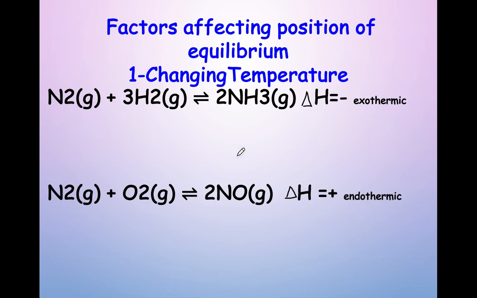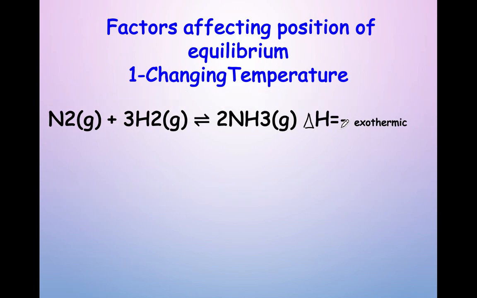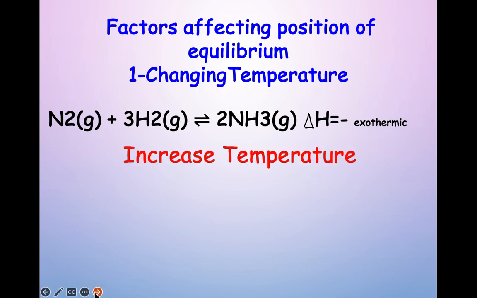We're going to see the effect of changing temperature, first on the exothermic reaction. When we increase the temperature of an exothermic reaction, what are we going to do? In an exothermic reaction, there is a lot of heat with the products, high heat, and with the reactants it is low heat.